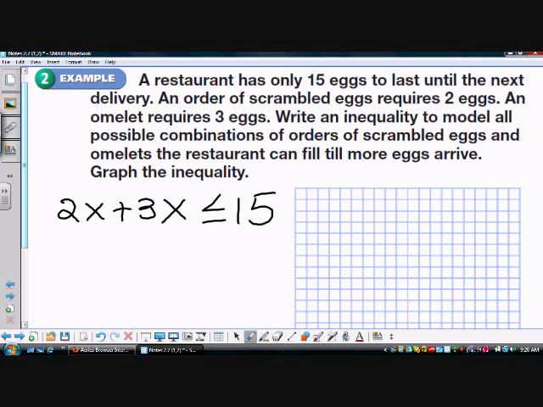Oh, sorry. 2x plus 3y is less than or equal to 15. Why did you choose 2x plus 3y? So they're not equal, so the variables can't be the same. So what is x?